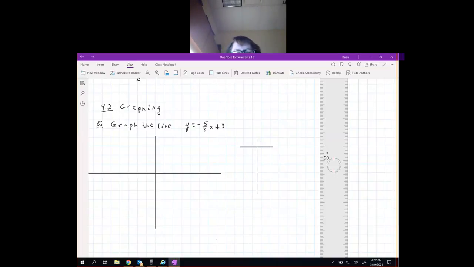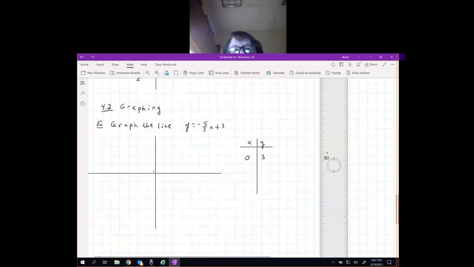Now, for a problem like this, it's always easiest to allow x to equal 0 first. Because when x is equal to 0, this part here, this 5/3 x, all becomes 0, and all you're left with is 3 for y. Let me graph that point.